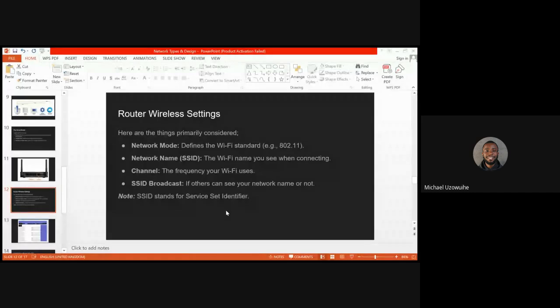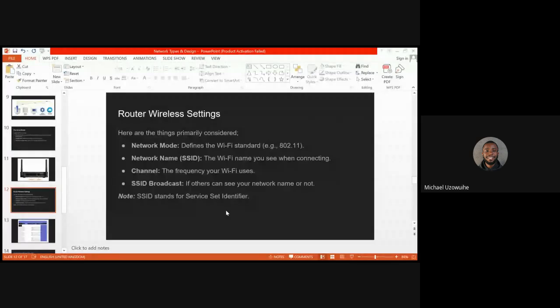If you have devices that can't use 5.0, when you want them to connect you will have to use 2.4 gigahertz. That's the frequency the messages will go in and come through, so you have to ascertain which devices are connected to your network and whether they can use this or that, to know the frequency to set.